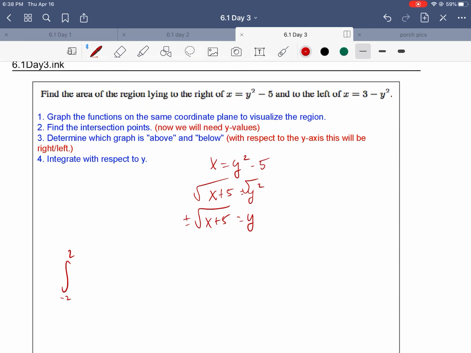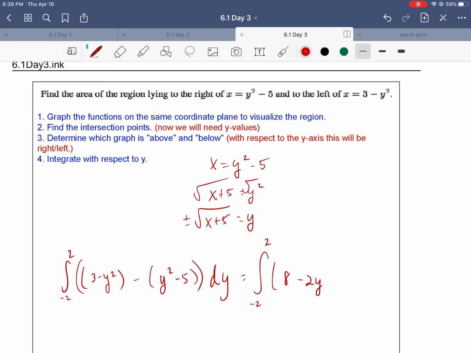So integral, -2 until 2. Green was 3 minus y squared minus y squared minus 5, using parentheses, dy. So 3 plus 5, that's an 8, negative 2y squared dy.